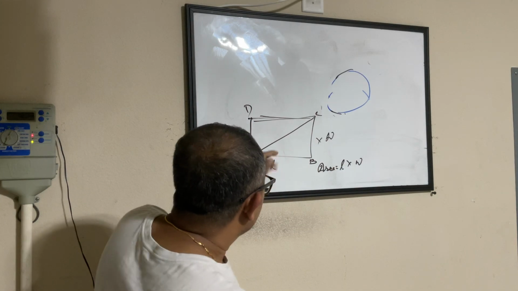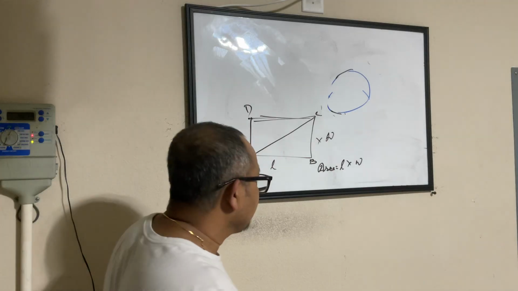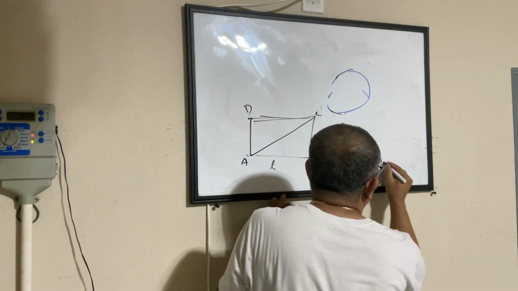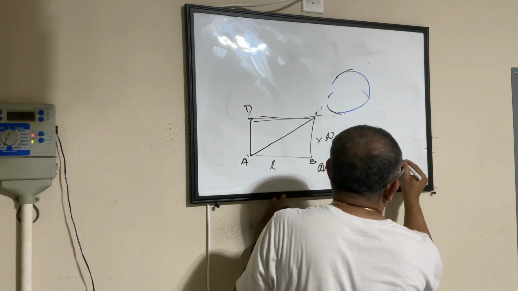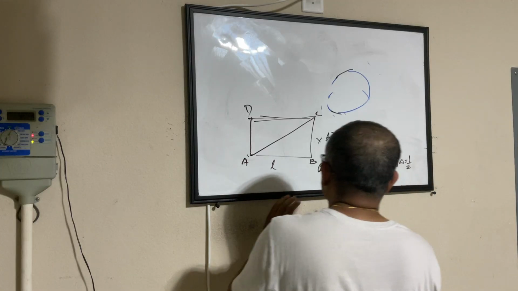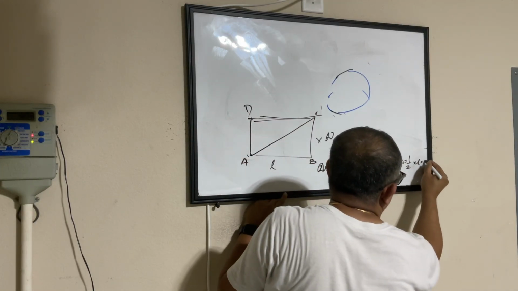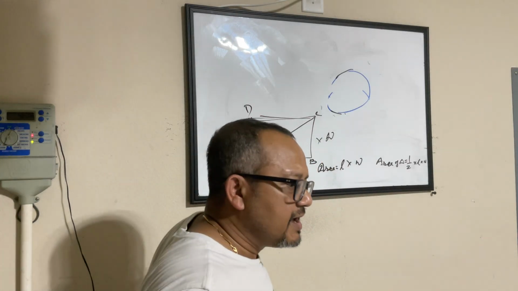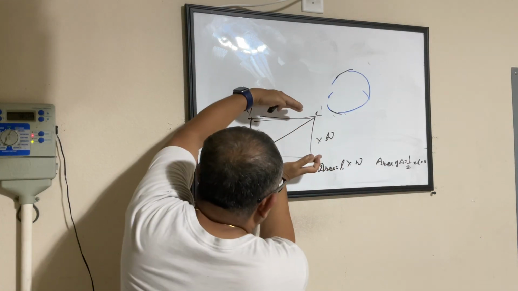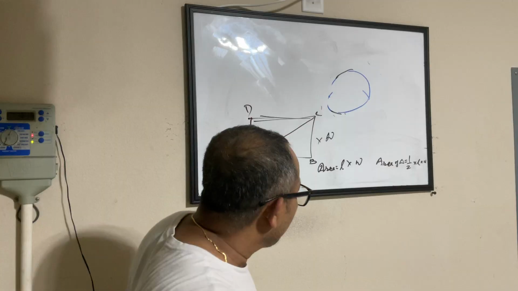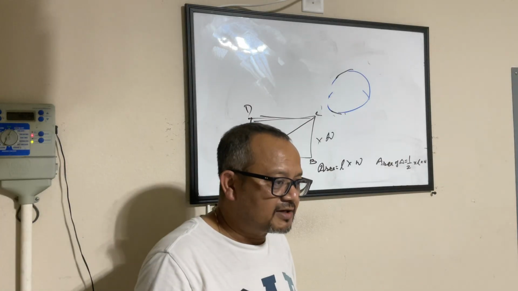I am saying the area of this right angle triangle is half into this. It looks to be half of this whole rectangle's area, but why? How do you prove that?